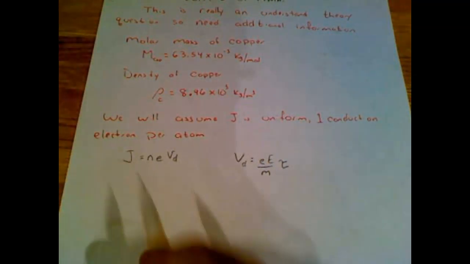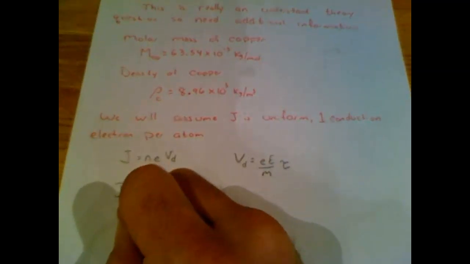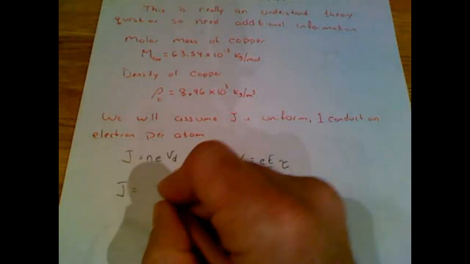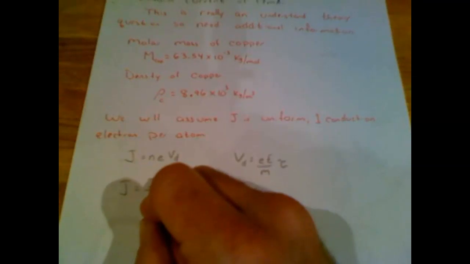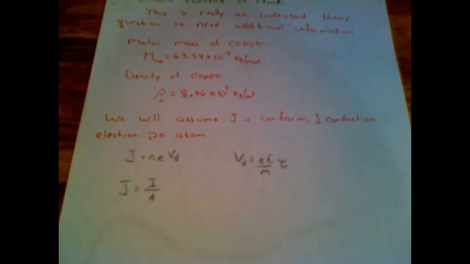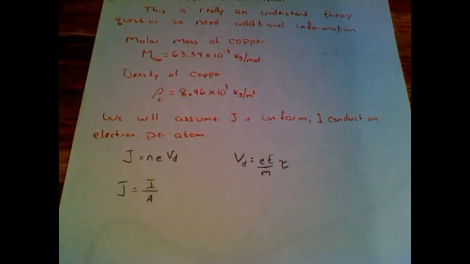Then we also know we can relate current, J, the drift velocity rather, to current per area, right? So we're going to really tie all these things in.